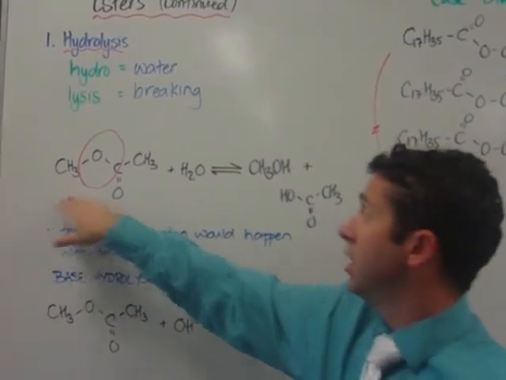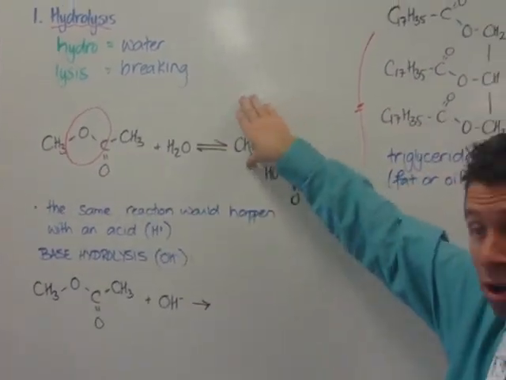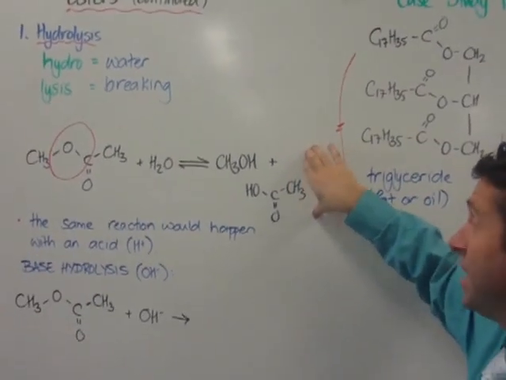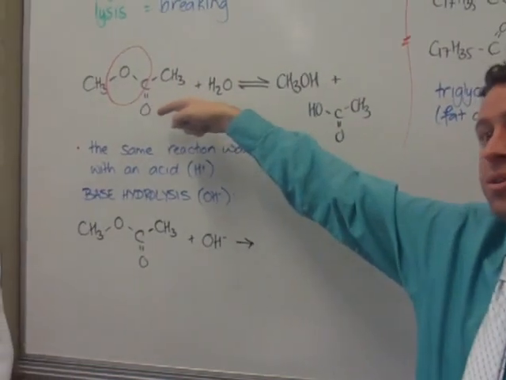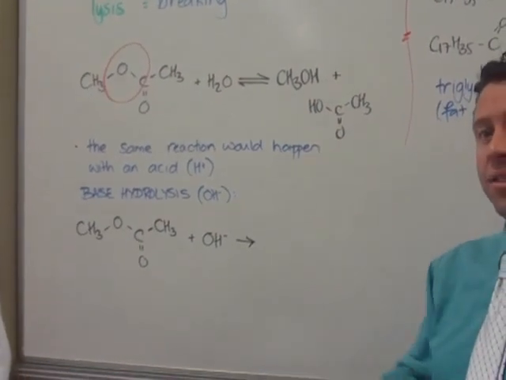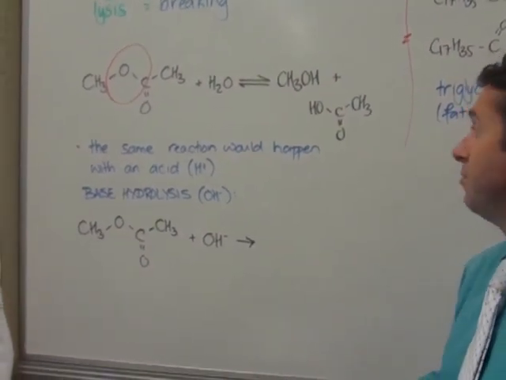So we've got methyl ethanoate turning into methanol and ethanoic acid. It is an equilibrium, so these two will react and go back to being those two again until you get it at the dynamic equilibrium position.